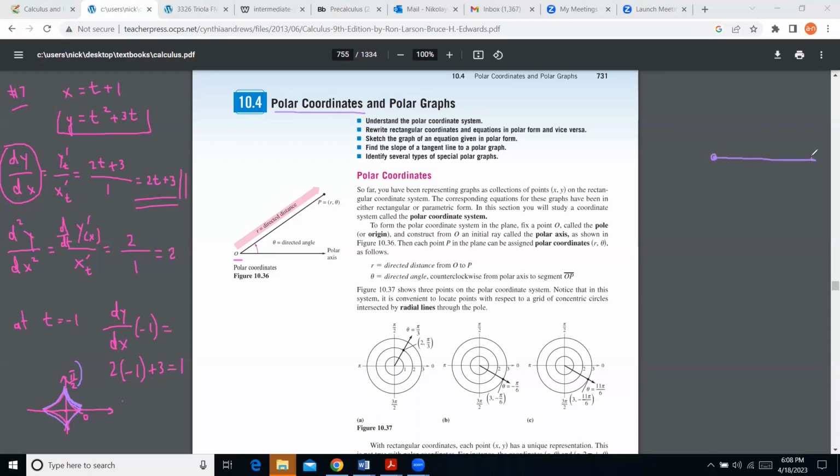So there is a ray with a starting point, and then you can rotate by angle theta, and the distance from that starting point, we call it r, will give us the point on the polar plane with coordinates r and theta.